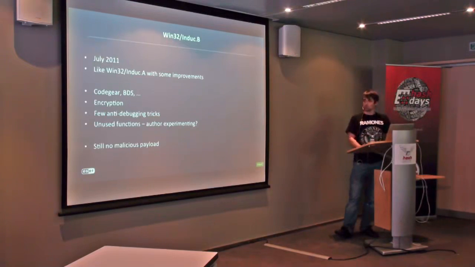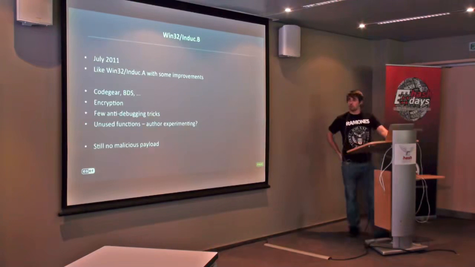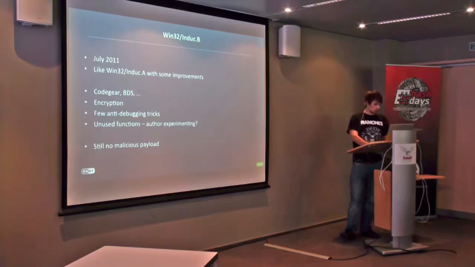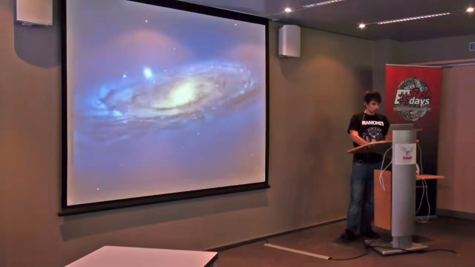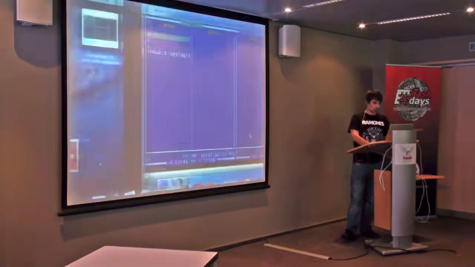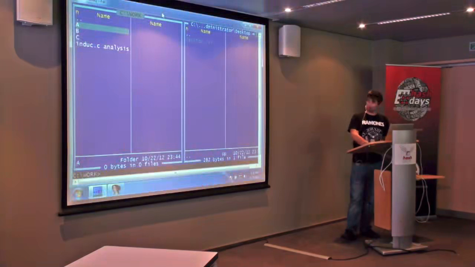It also made the code analysis a little bit more difficult by adding some encryption, using some really primitive anti-debugging tricks, and there were also some functions, which I'll show you just now, that are unused. So obviously somebody was experimenting with this stuff.